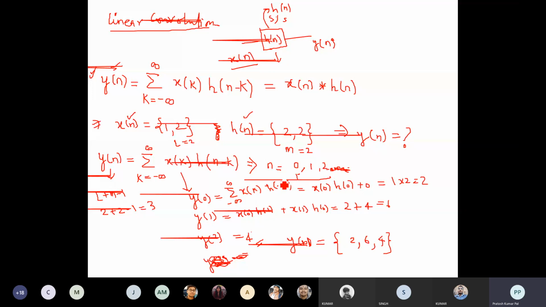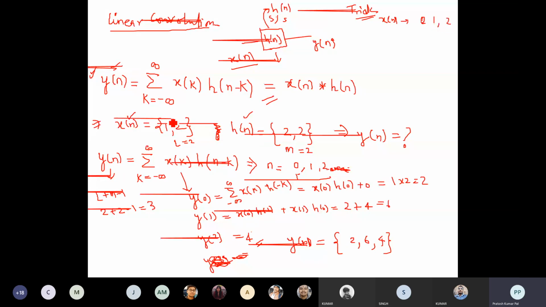This is how we can calculate the linear convolution using the mathematical formula. Similarly, there is a direct formula, a trick method, from which we can also find it. We write x of n first, with its points: 1 and 2.